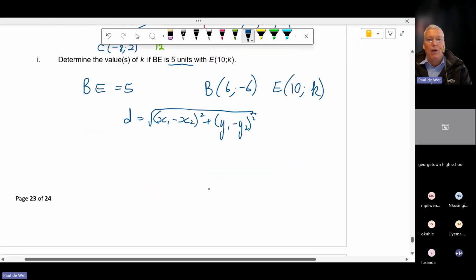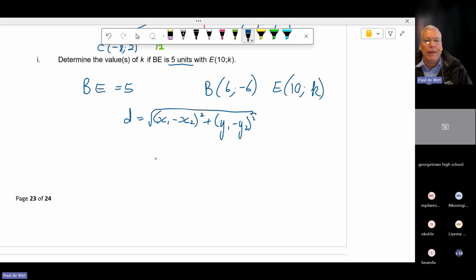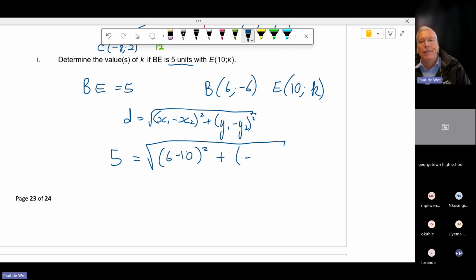But now, guys, let's use this formula to find this. We know that the distance must be 5. B is (6, -6) and E is (10, k). So using my distance formula, I'm going to get 6 minus 10 and minus 6 minus k. How many variables are in this equation?